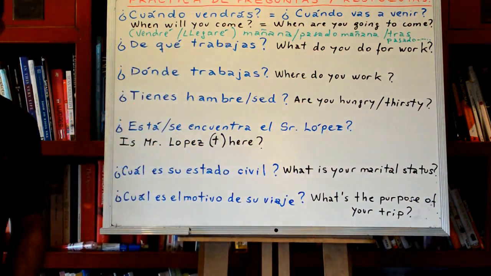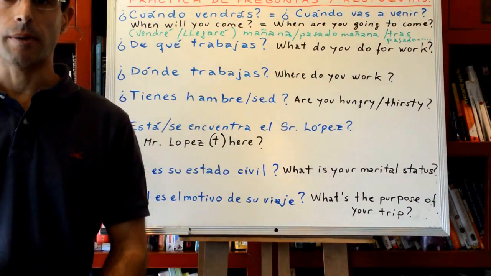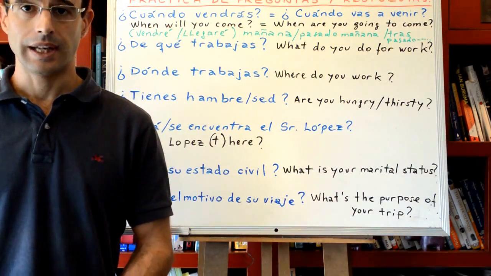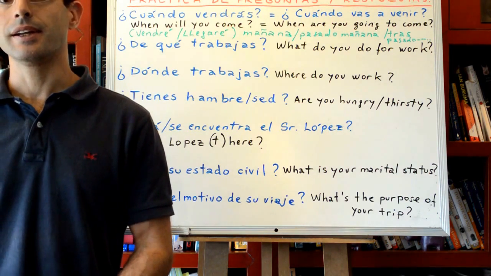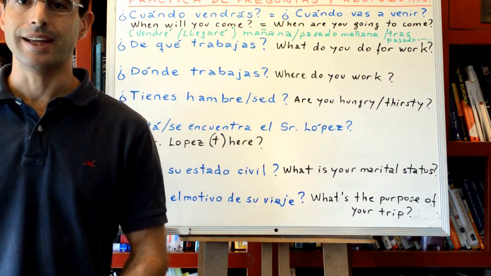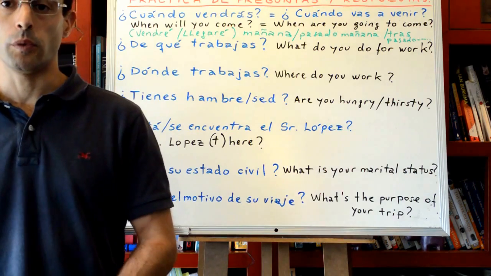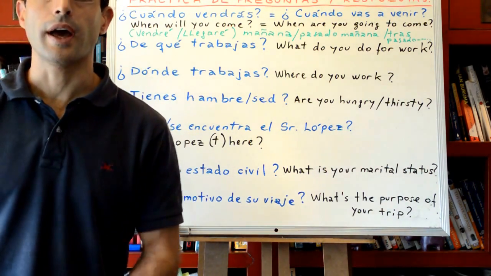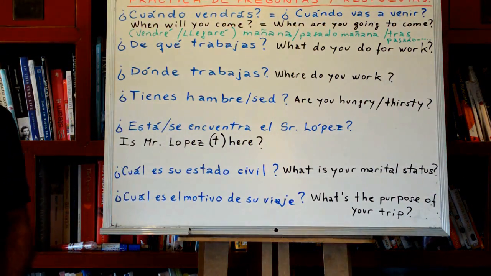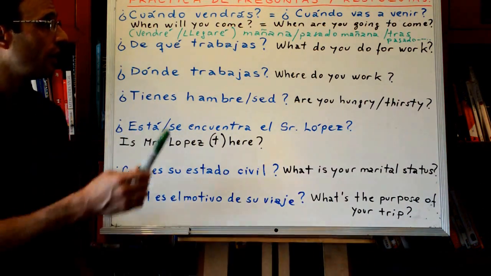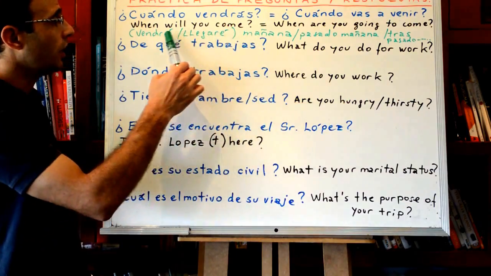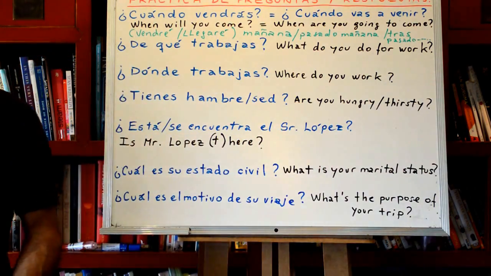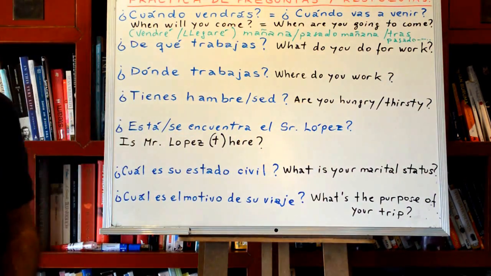¿De qué trabajas? Así que si queremos saber el trabajo, la profesión de alguien, le preguntamos ¿de qué trabajas? So if we want to know somebody's profession or job, we ask him ¿de qué trabajas? Him or her, because this question is suitable for a he or a she.